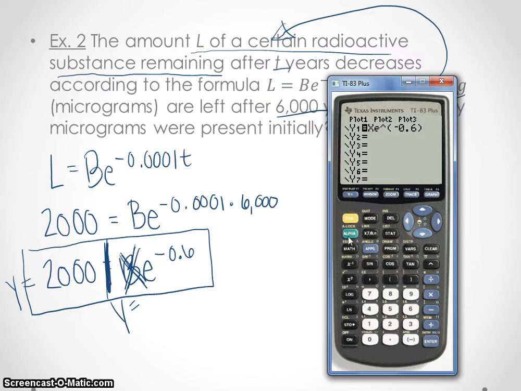And then our second equation, we're going to go ahead and put in y equals 2,000, because that's where we want it to be. Okay, then we go to our graph, see if we get a nice picture. Let's go back to our standard window so we can see what we're working with. So zoom 6, no good, all I see is my line here, so we want to go ahead and zoom out.